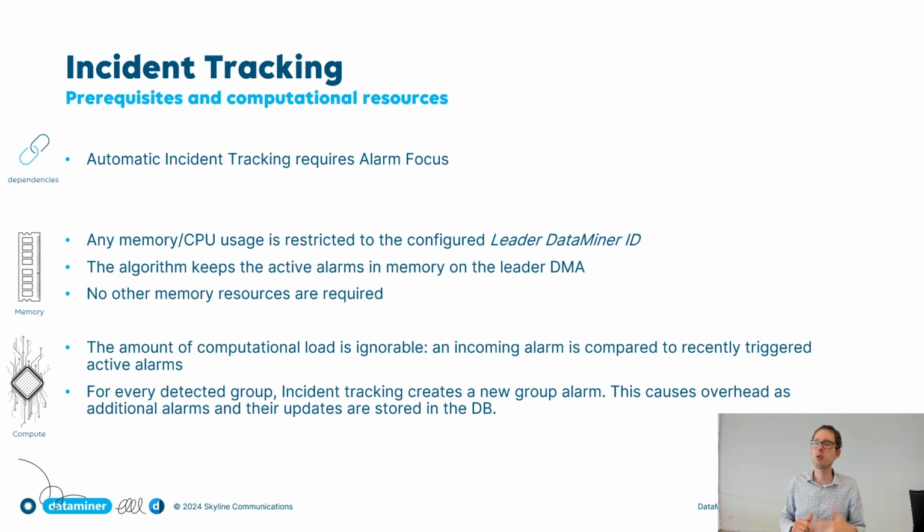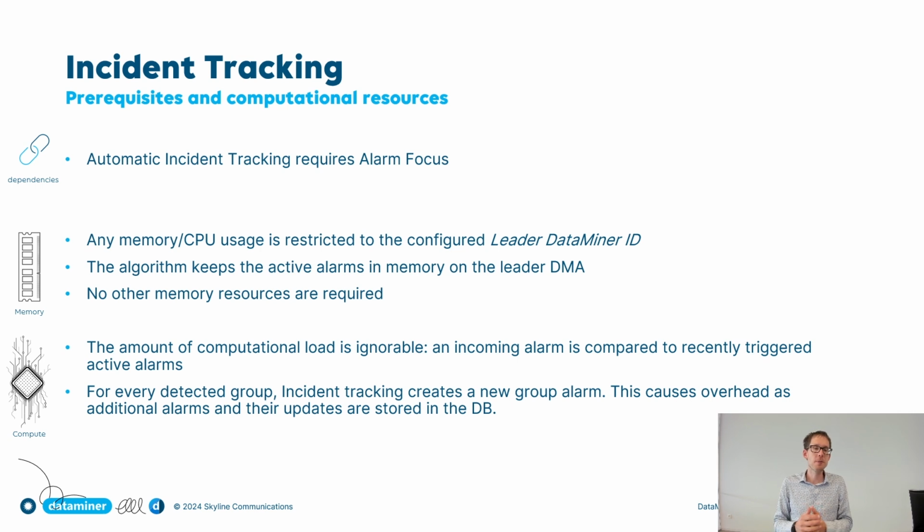The only thing that you should keep in mind, because this is important to know, is this final point right here. For every group that you detect, we create an alarm group. And this alarm group in itself is actually an alarm. This means that you're creating in the background more alarms than you had originally, right? And this also means that your database will contain more alarms.